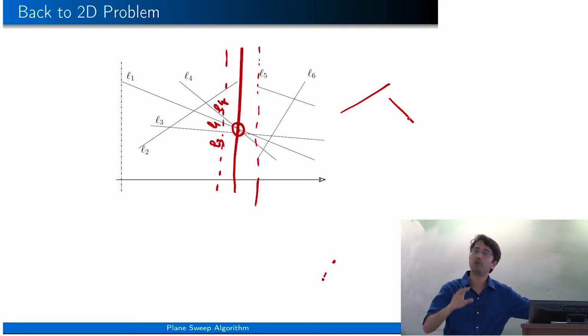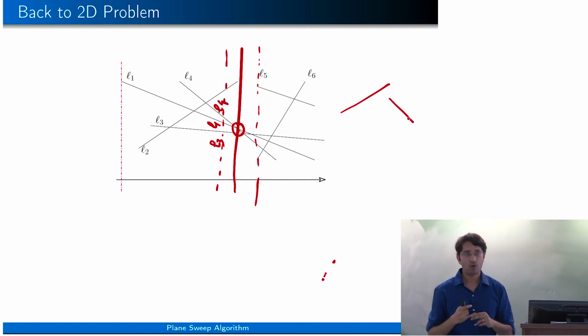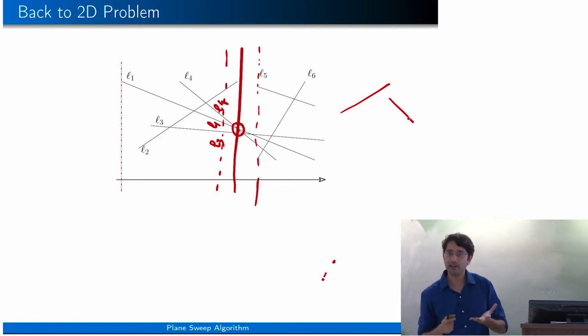So, I am assuming that no three lines intersect at the same point. Let us try to solve a simple case. We can handle that even. Yes, same question. Okay, assume that no three lines are intersecting at the same point. So, what is my idea?